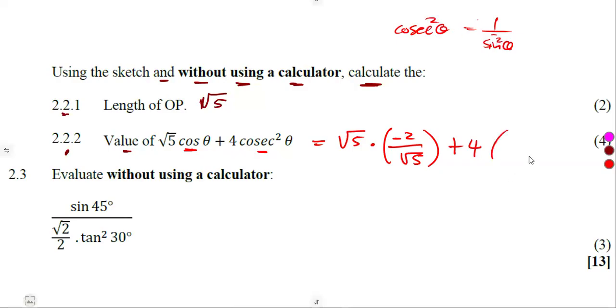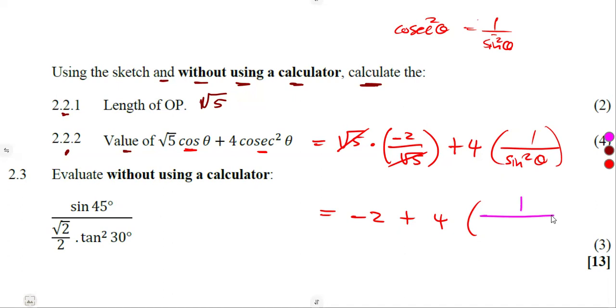So it means we've got 1 over the sine squared of theta. Let me just rewrite that, no problem: -2 plus 4 into 1 over the sine of theta squared, of which we can just use the cosec squared as it is.